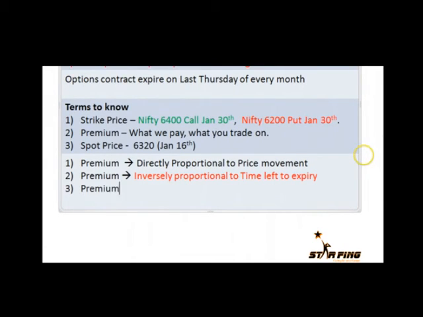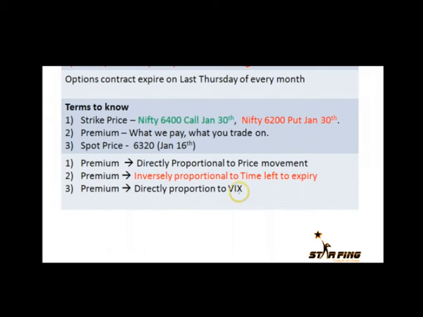And the premium is directly proportional to VIX. VIX is nothing but the volatility index. So if the volatility is high or is increasing, then you can expect the premiums to go up.